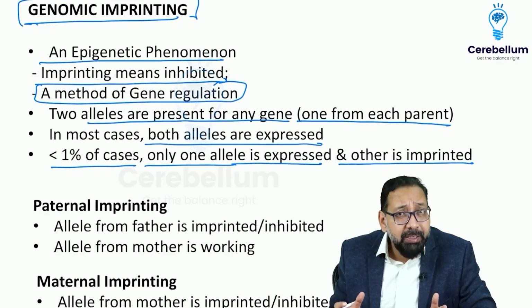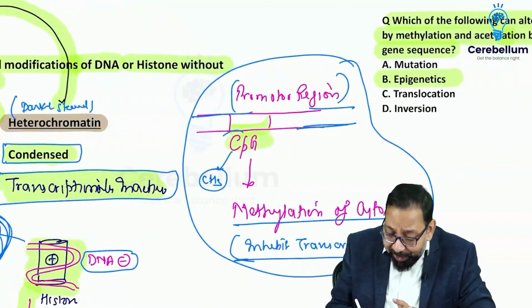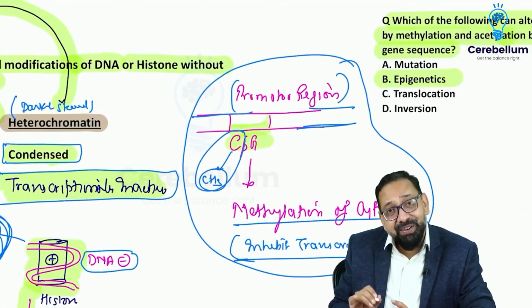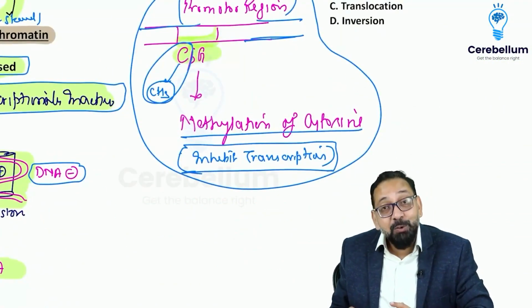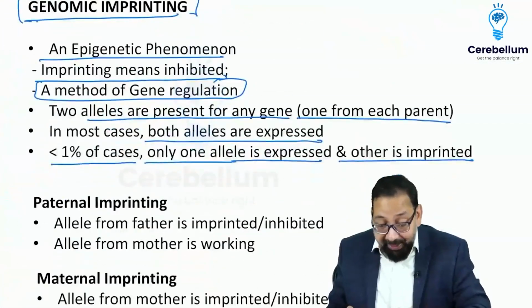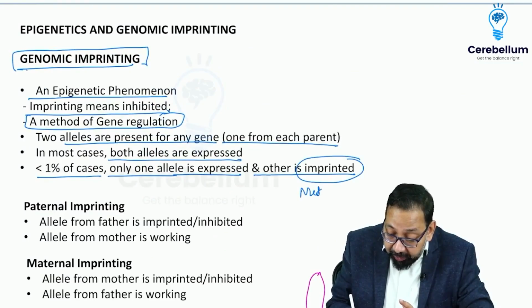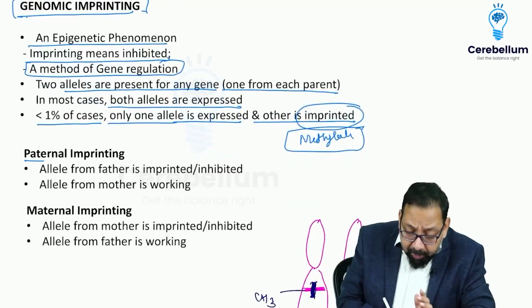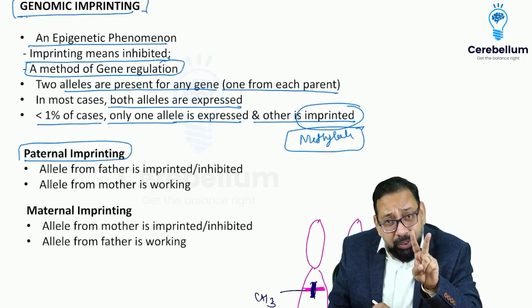How can you keep a gene in an inhibited state? Yes, I told you, if I do methylation of cytosine, this gene will be inhibited, to inhibit transcription. So we found that in imprinting, the most common method of imprinting is methylation. So what is paternal imprinting? Two alleles are there for a gene.